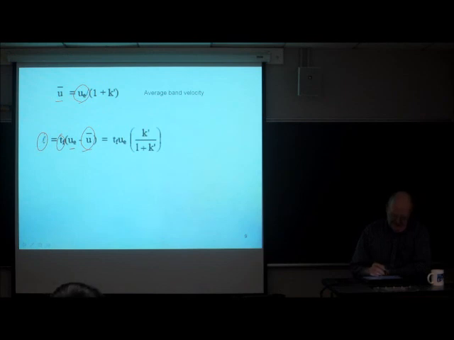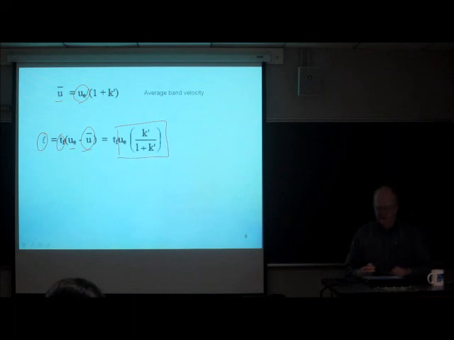And this difference in velocities just works out to be UE times K prime over 1 plus K prime. So now we have L and we have N. So we're going to get sigma squared by plugging in N and plugging in L.